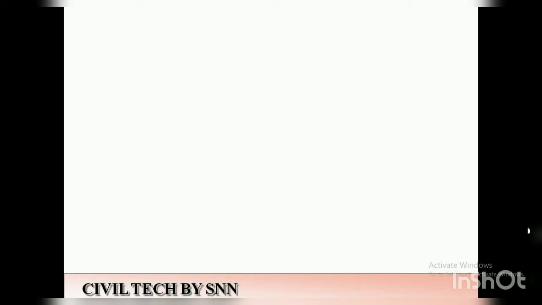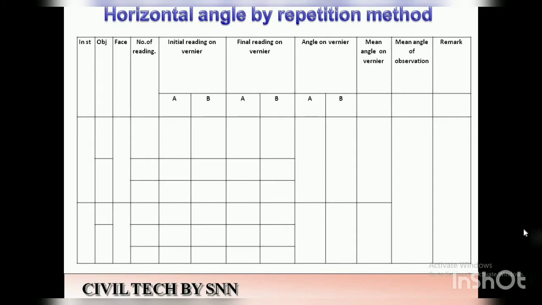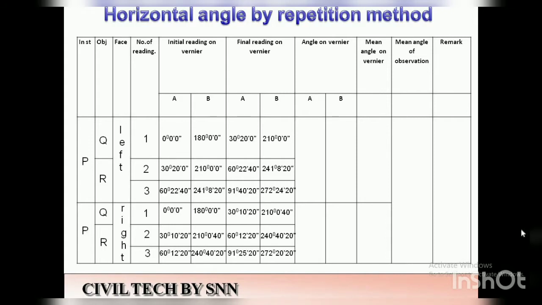Now see the calculation for the repetition method. So this is the observation table for horizontal angle by repetition method, and we have already taken these observations. So now the next part is the calculation part. So you have to find out the angle on vernier.